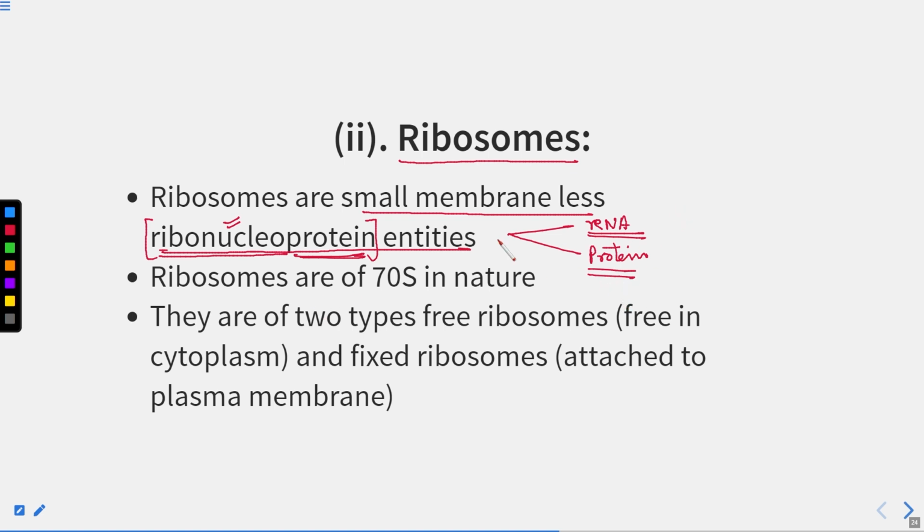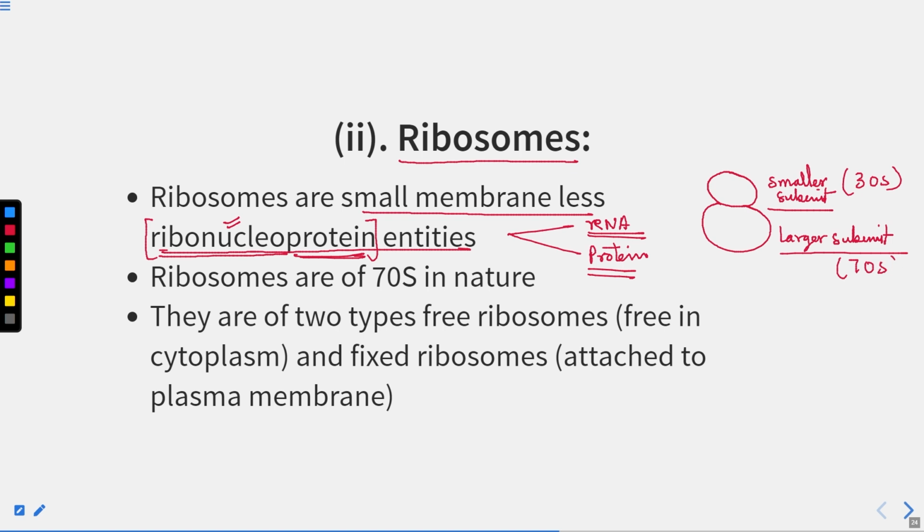Now if you see the type of ribosome here, it has two subunits, a smaller subunit and a larger subunit. The smaller subunit is of the 30S type, and the larger one is of the 50S type, and the total is called the 70S type.